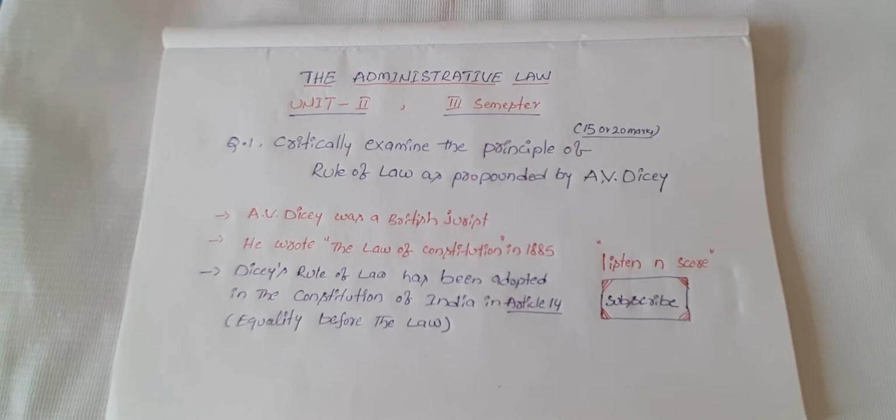Of course, too severe discretionary power may be subjected to control. Number two, Dicey's concept of rule of law was not accepted in Britain during his period itself. In fact, it was evident that administrative law and administrative authorities were in existence during his period.